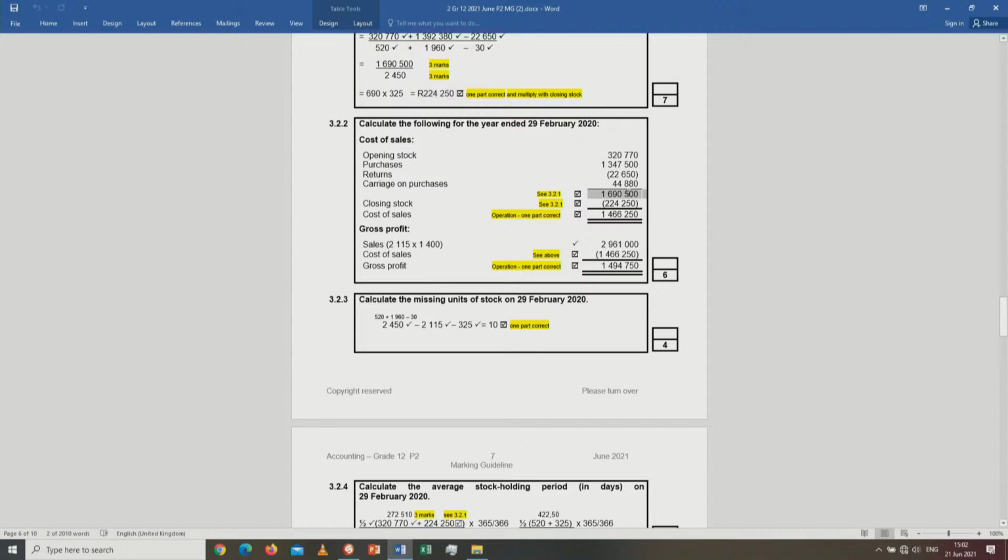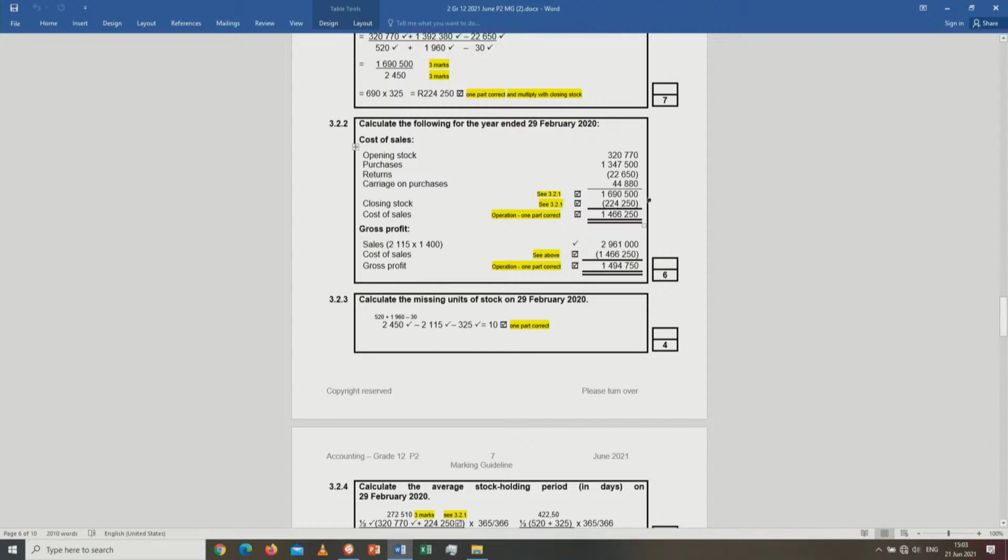And this answer is linked to that answer up there. You can also give him a method mark if he brings his answer from 3.2.1 down to 3.2.2. This one also a method mark here for his final answer. So you must go back and check what was his answer for 3.2.1 in order to award him the mark. If the two answers are not the same, then you cannot give the learner the method mark here.